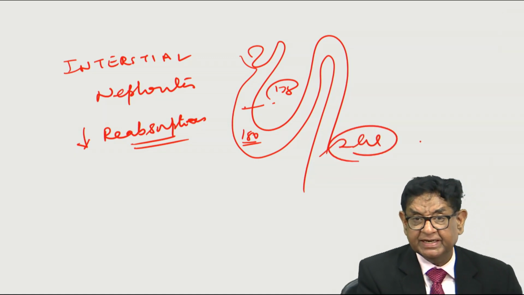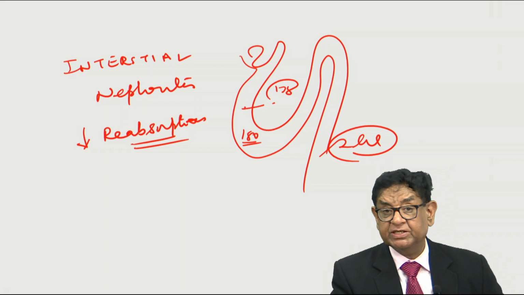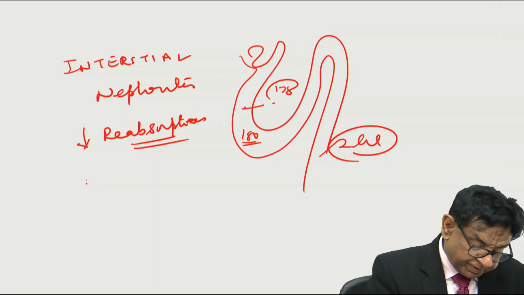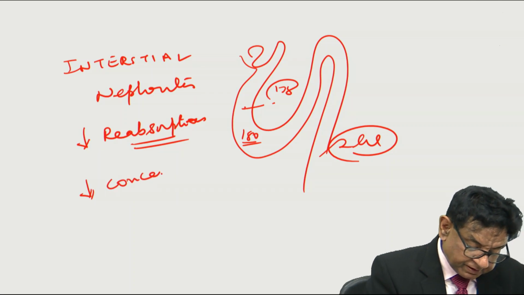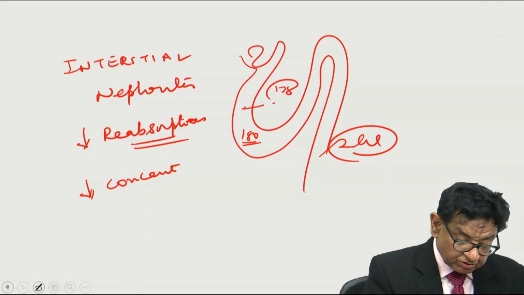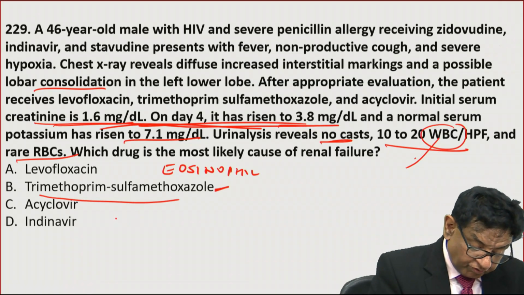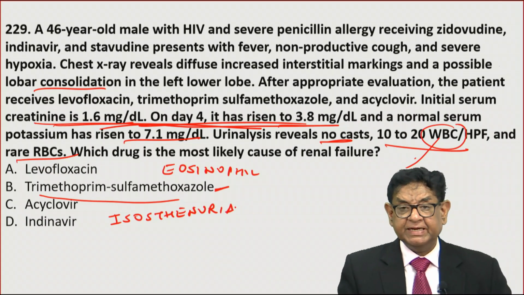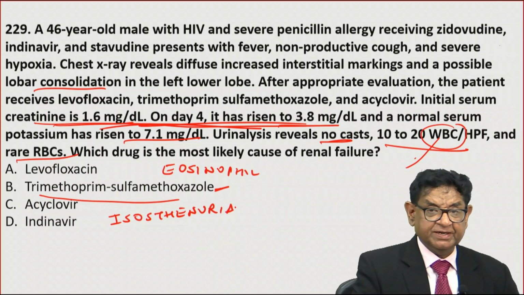And that's why in interstitial nephritis, typically chronic interstitial nephritis, the patient may have impaired concentration ability. That's why in chronic renal failure, what we get is isosthenuria. Isosthenuria means impaired concentration ability.